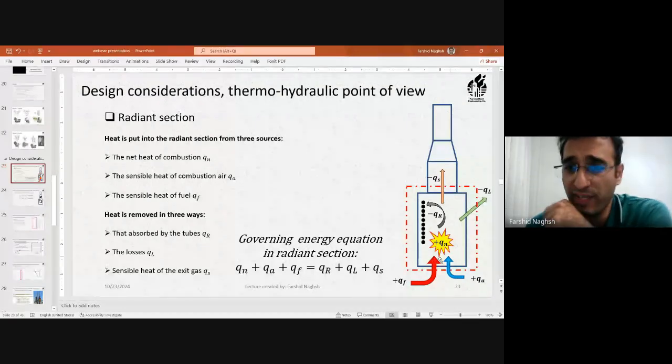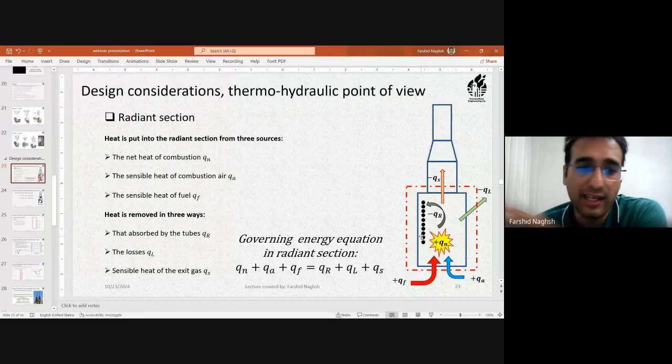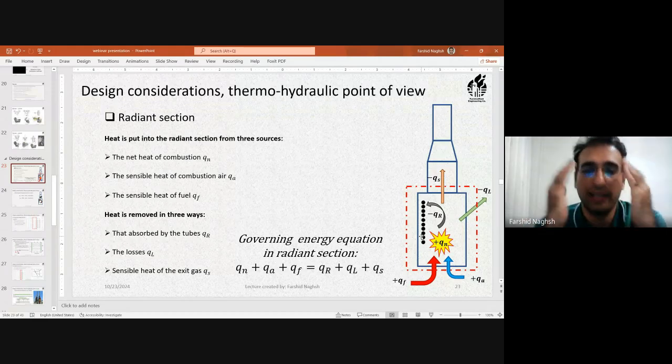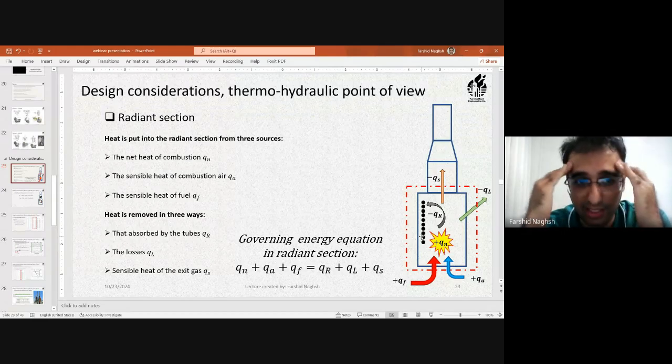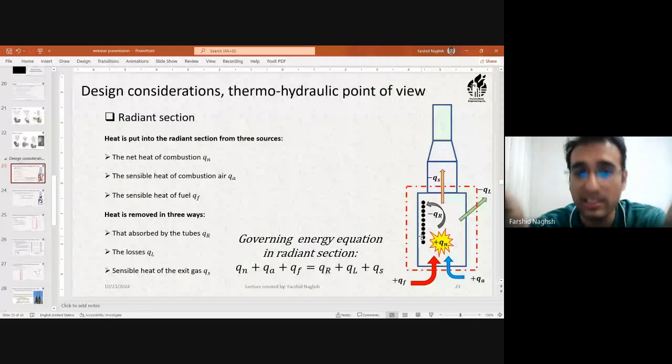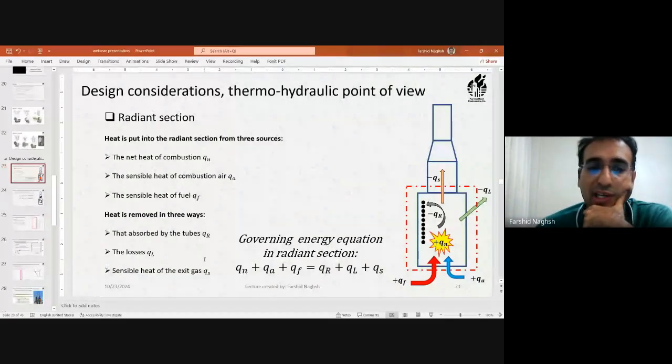The heat is also removed in three ways. First, the produced heat is absorbed by the tubes, shown here by QR. Some of the heat produced inside the radiant section is lost through the walls and refractory, denoted by QL, the losses.